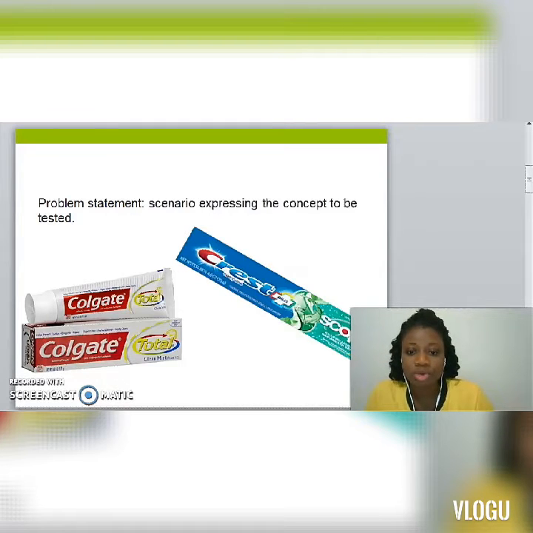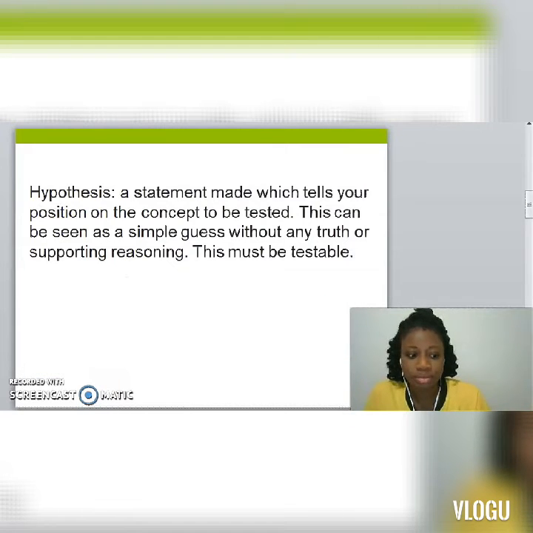And the two brands of toothpaste that we have would be the Colgate and also the Crest. So the scenario would be given to you, and then you are going to make a hypothesis based on the scenario. Now, a hypothesis basically is just a statement which tells your position on the concept to be tested.